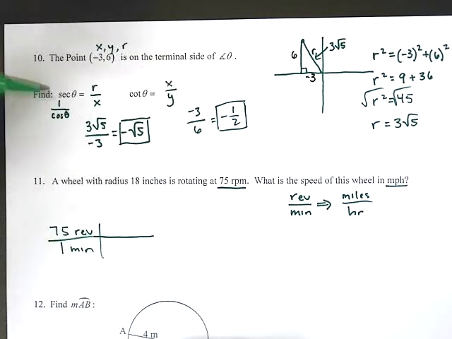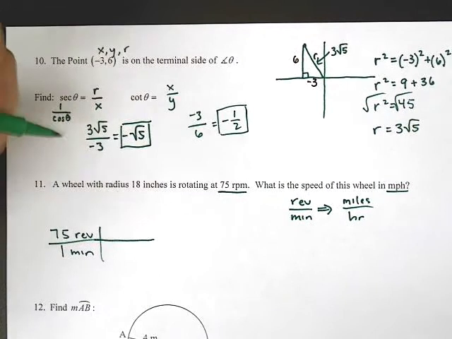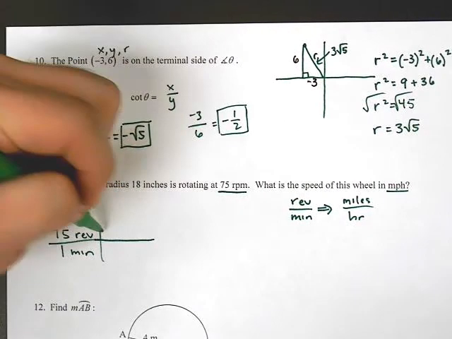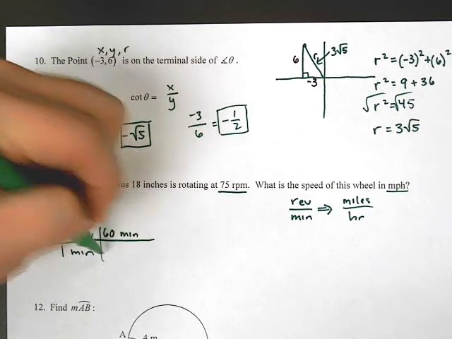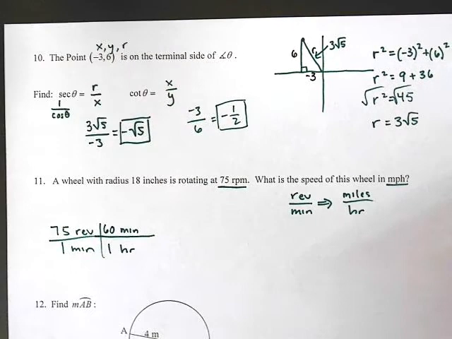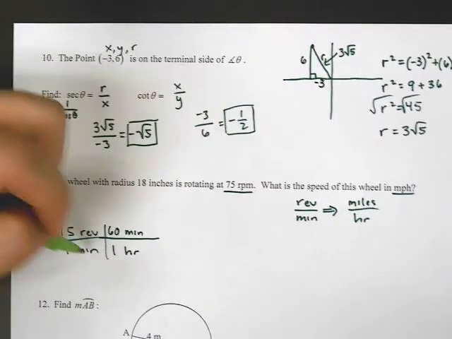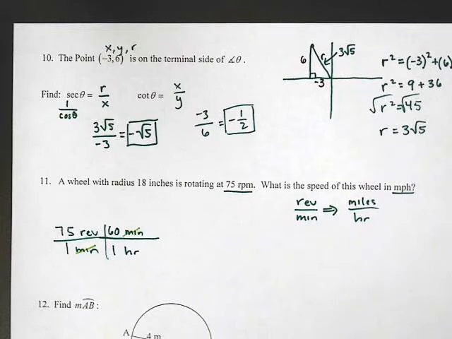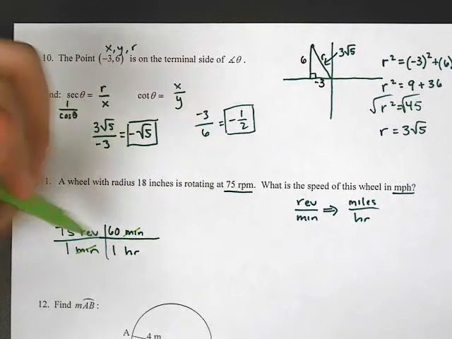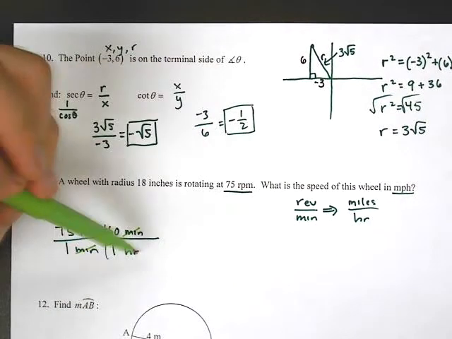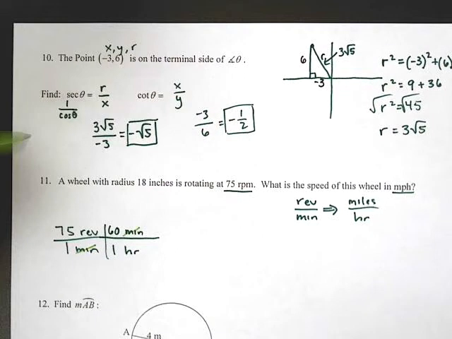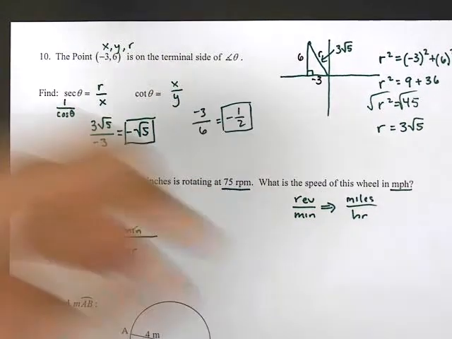I always start with the easiest conversion, the one that I know right off the bat, and I know that there are 60 minutes in 1 hour. And hopefully you remember the strategy here, guys. Now that I am out of minutes, they cancel, and I know that I have the correct time unit, hours. So this is good. We know that our denominator is now in the right spot.